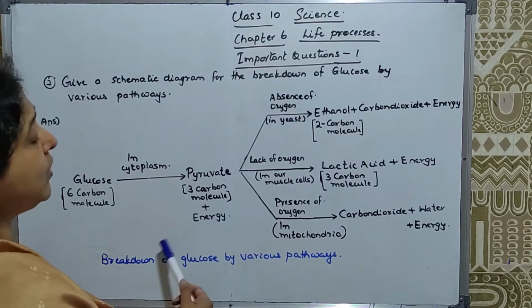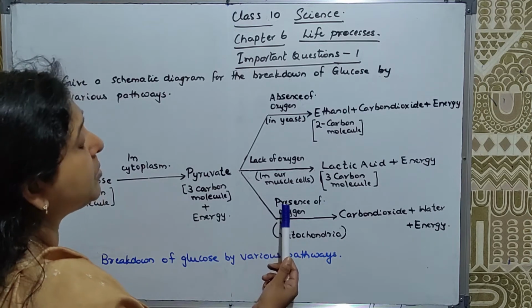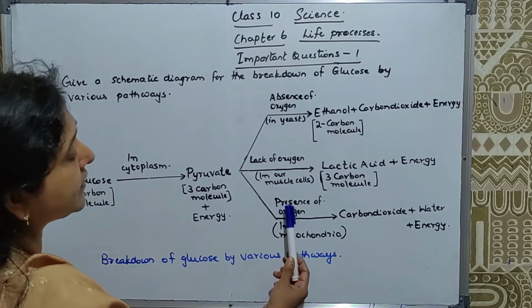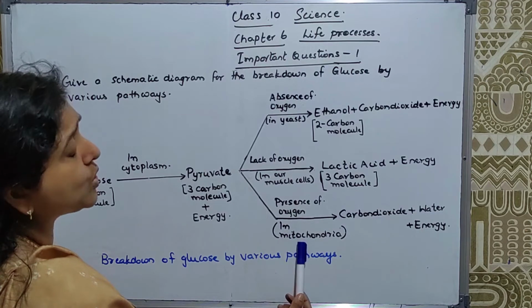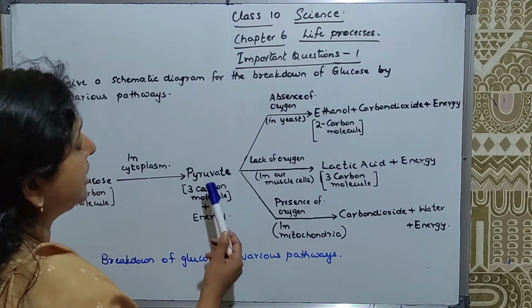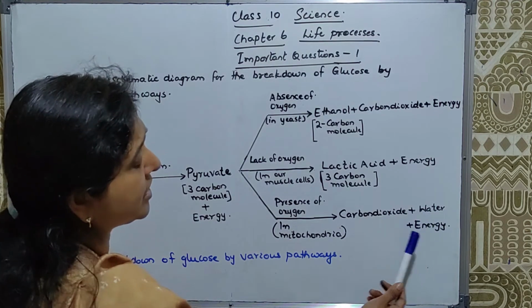Then the third one. In all the cells, mainly in animal cells and also in plant cells, in the presence of oxygen in mitochondria, this pyruvate will be converted into carbon dioxide, water and energy.